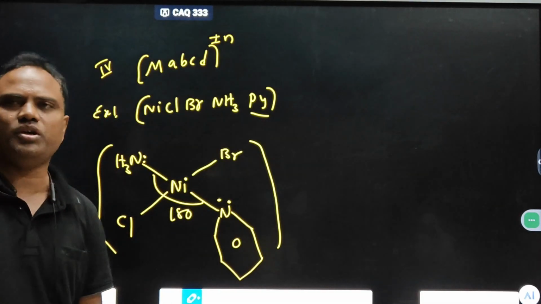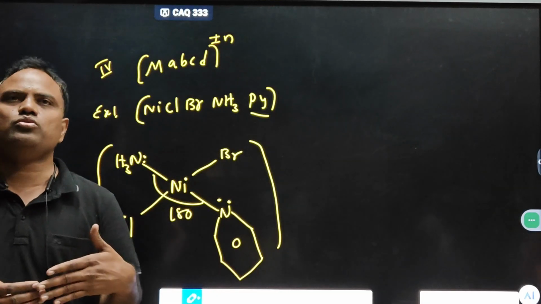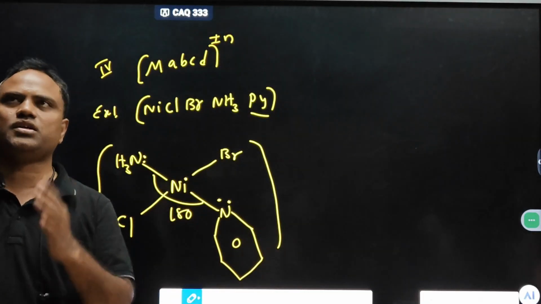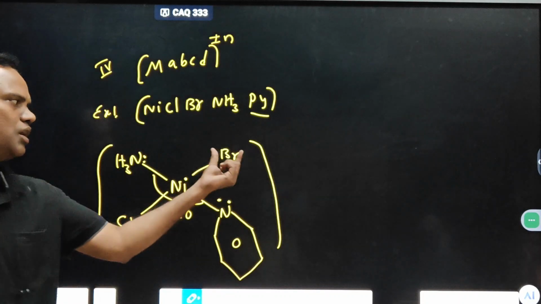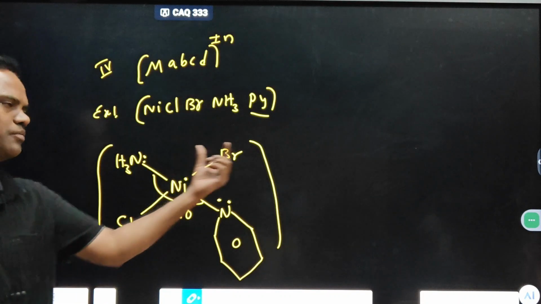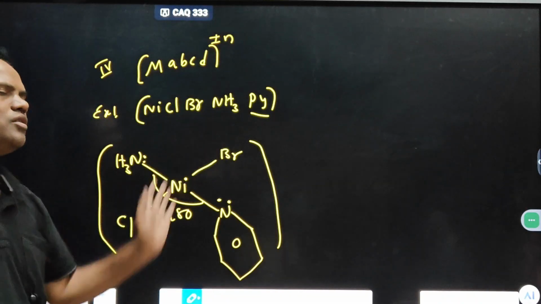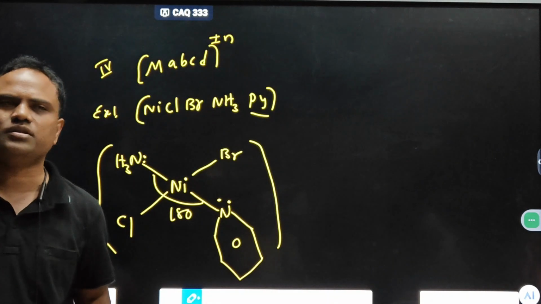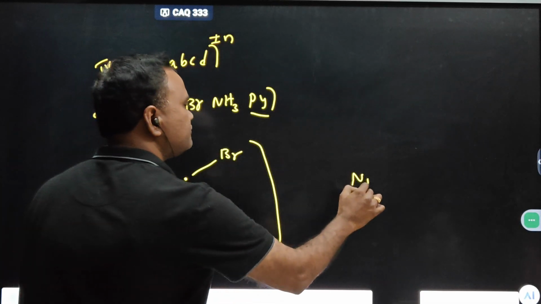Online students, in the MABCD type category, with respect to halogens, we can take that halogens belong to the same family. Here one atom is there, here one atom is there: the bromine atom and the chlorine atom belong to the same family. Same-family elements present in opposite positions can be considered trans. What about cis then?